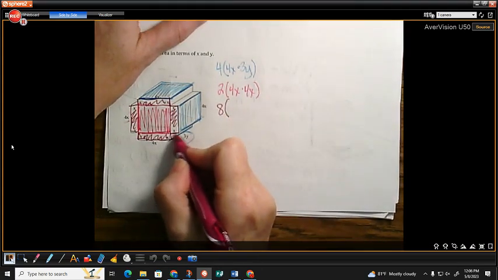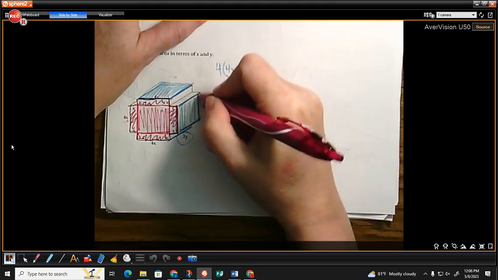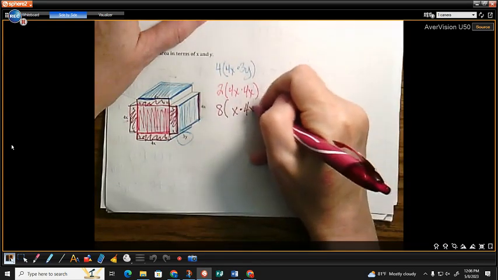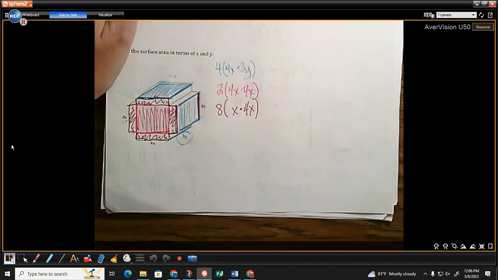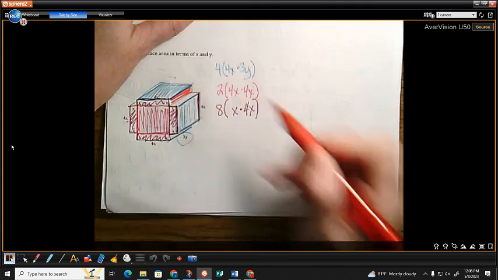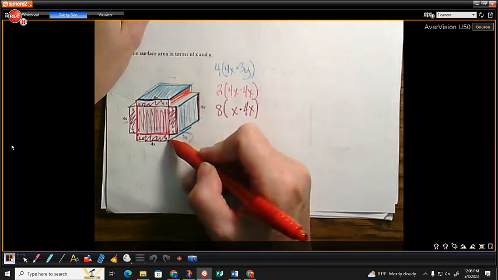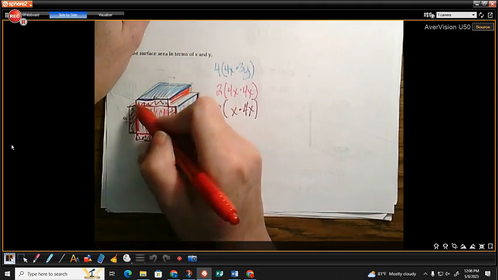What is their length? What is their height? It's that 4x. Okay? Any other rectangles we have missed? How about these skinny ones here? How many of those will there be? 1, 2, 3, 4, 5, 6, 7, 8?